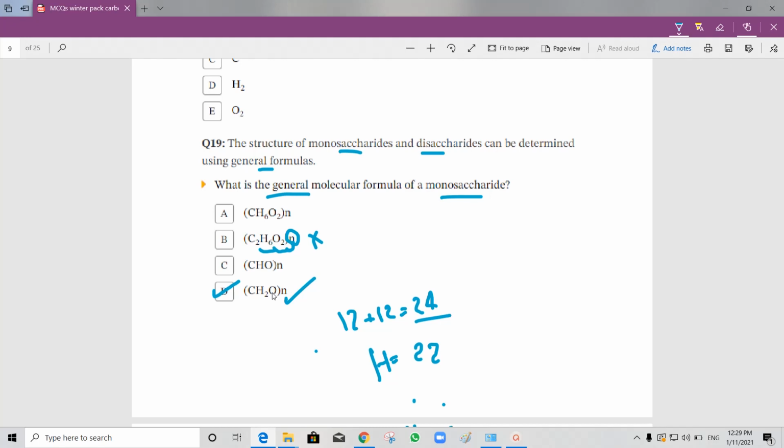Okay? This is clear now. So this is the correct answer. Carbon number is equal to oxygen number. Carbon number is half the number of hydrogen. So if the carbon is 6, the hydrogen will be 12, and the oxygen will be 6.